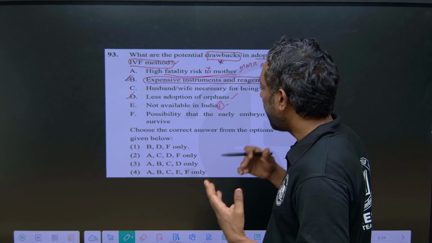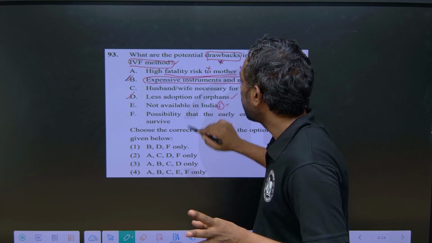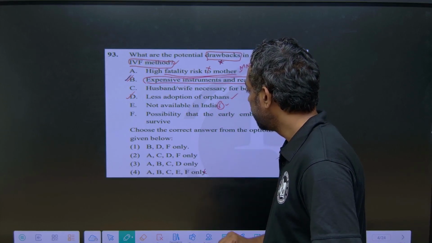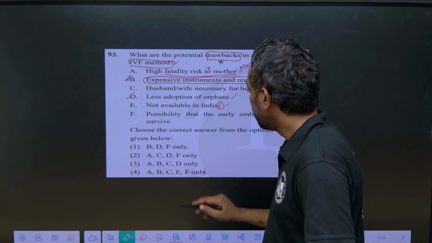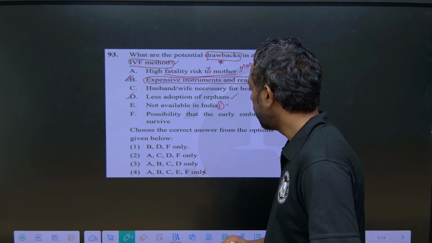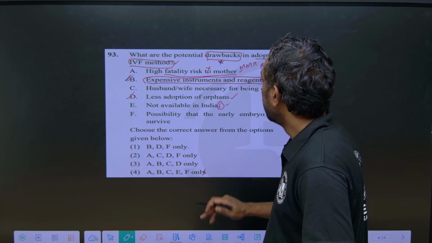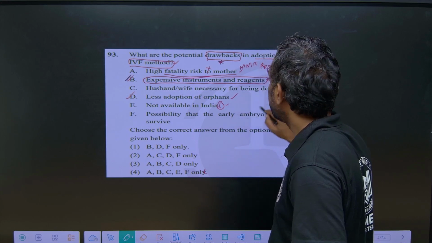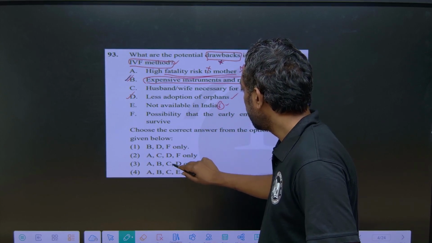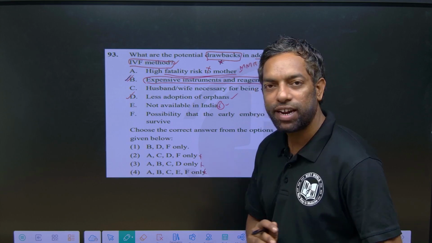If you don't know the answer directly, you can eliminate through option E. Eliminate E. Directly you have to eliminate the fourth option. And husband and wife donors, you have to eliminate C, wherever C appears.